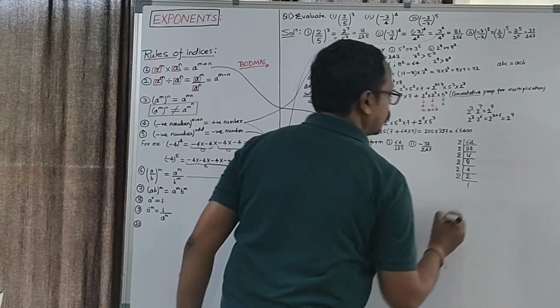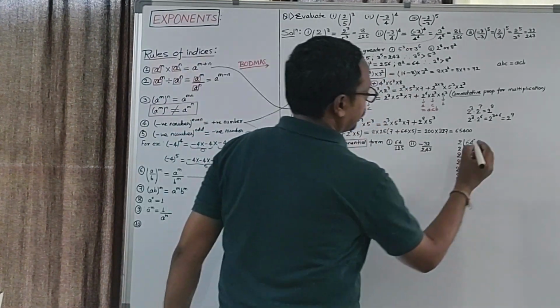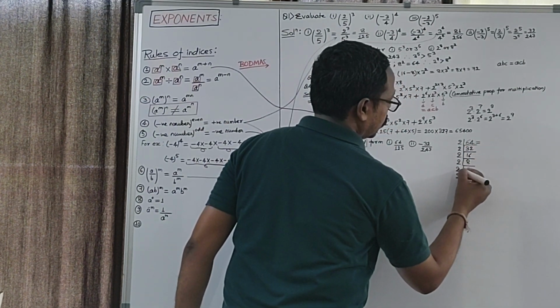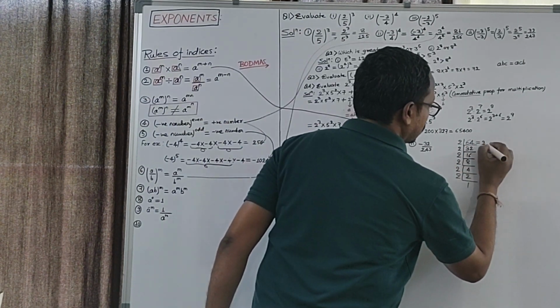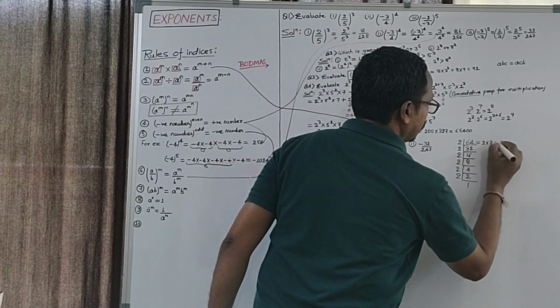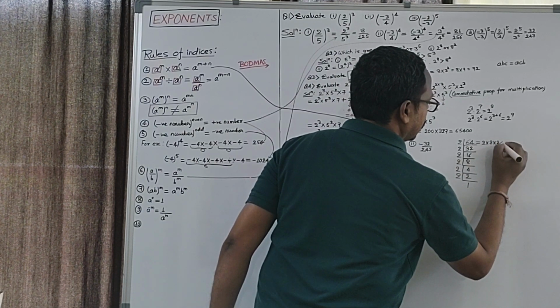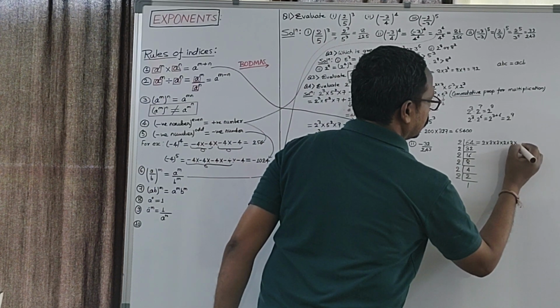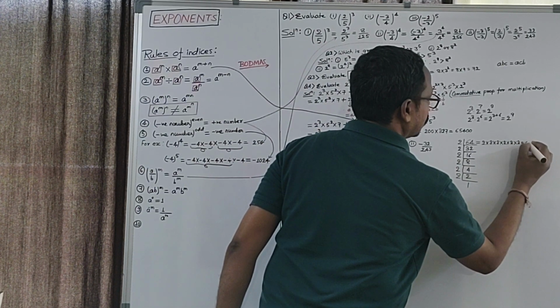So 64, what you can write? 2 into 2 into 2 into 2 into 2 into 2, 6 times, that is equal to 2 to the power 6.